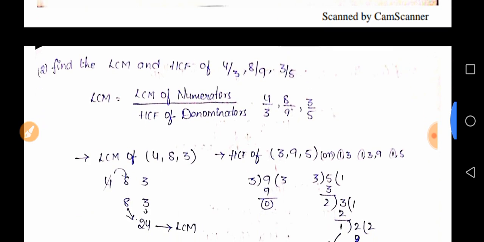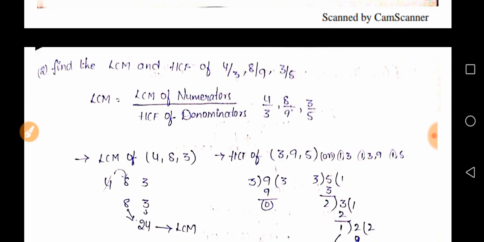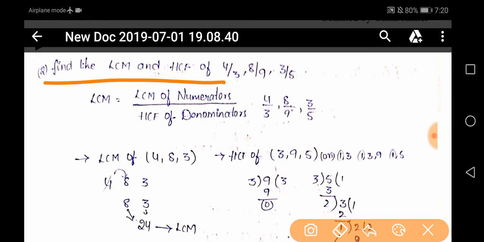And here we have another type of problem. Find the LCM and HCF of 4 by 3, 8 by 9 and 3 by 5. By seeing these fractions you really get confused about what to do. But there is a simple logic in this.